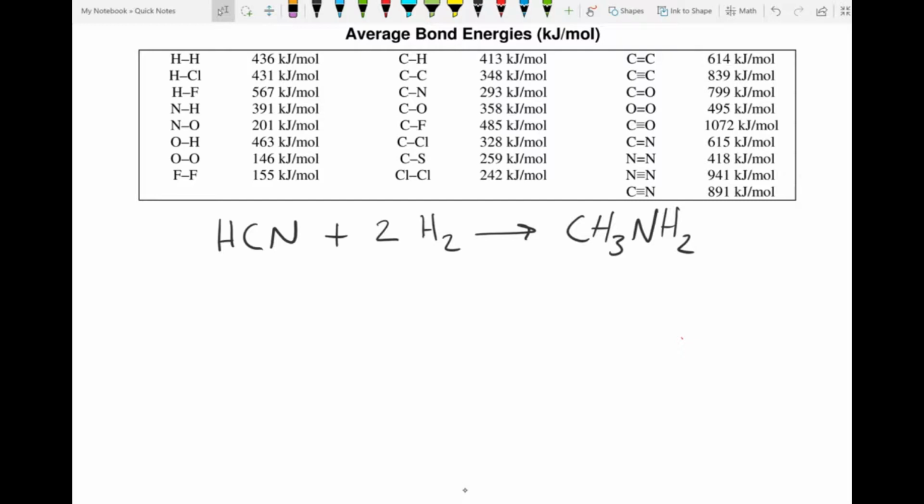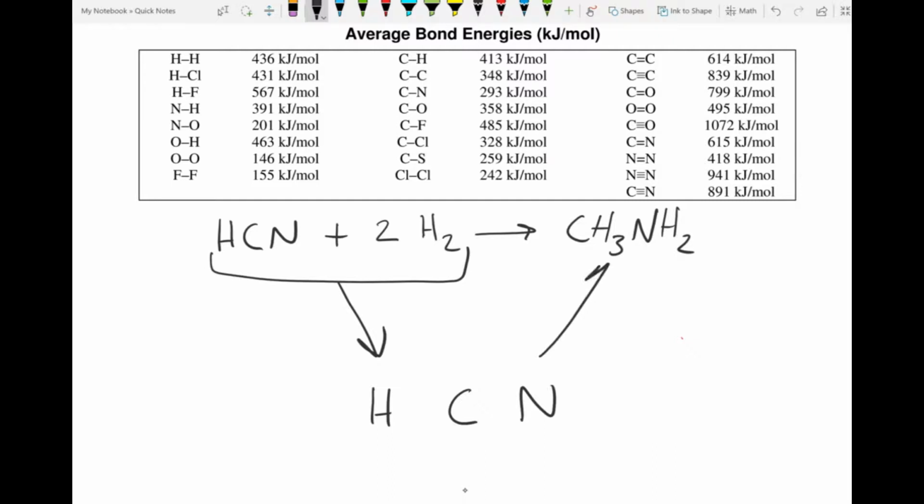Schematically, you're going to take your reactants and rip them apart into their respective elements. So you're going to make a bunch of hydrogen, carbon, nitrogen. Those atoms are going to be separate. And then you're going to turn them right back into the products.